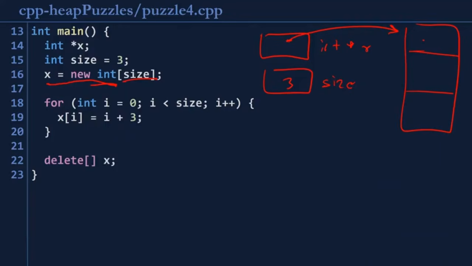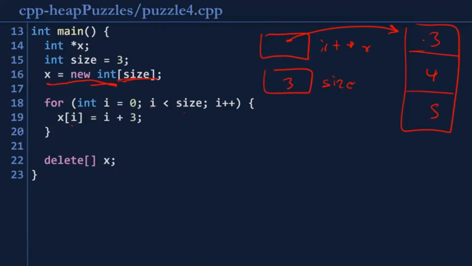So we have, in this case, 3 integers sequentially in memory stored as an array. We can go through this with a standard for loop, i equals 0, i is less than size, and it sets the contents of x of i. When i is 0, 0 plus 3 is 3. When i is 1, 1 plus 3 is 4. When i is 2, 2 plus 3 is 5. So the contents of this array is going to be 3, 4, 5.